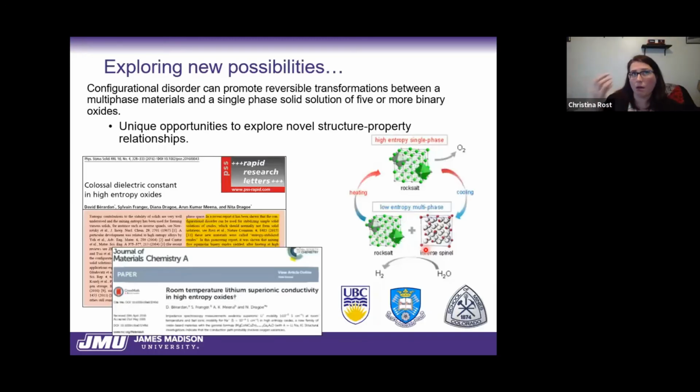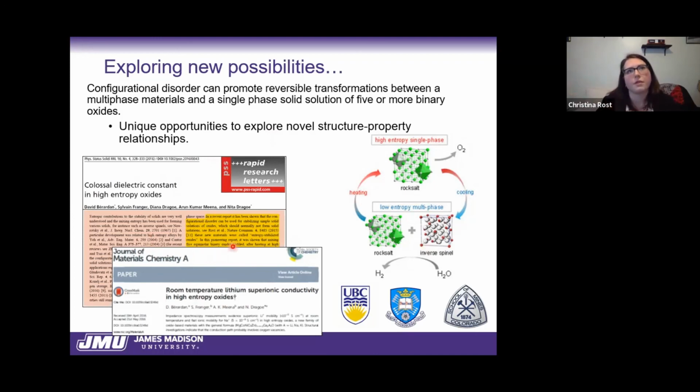So to wrap up, we know that configurational disorder can in fact promote reversible transformations between a multi-phase and a single-phase solid solution of 5 or more binary oxides. And this really provides unique opportunities to explore some novel structure property relationships. And this slide's a little bit old, it's kind of dated.